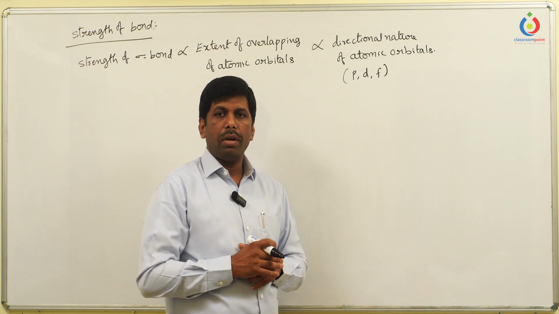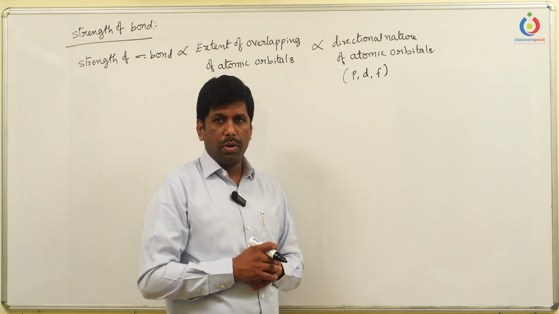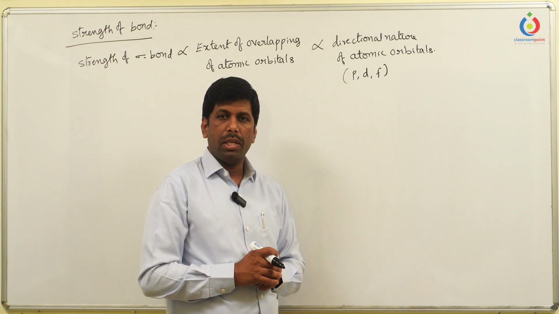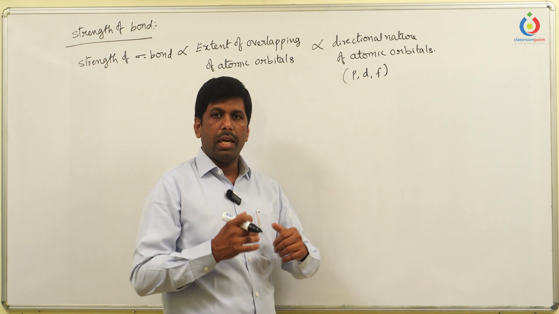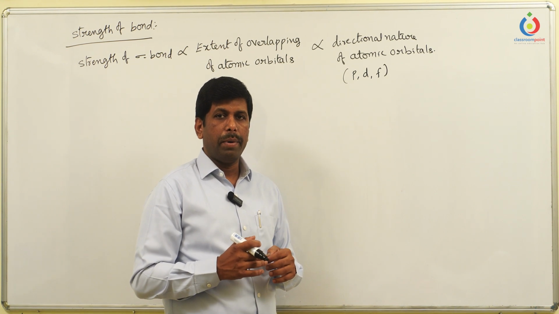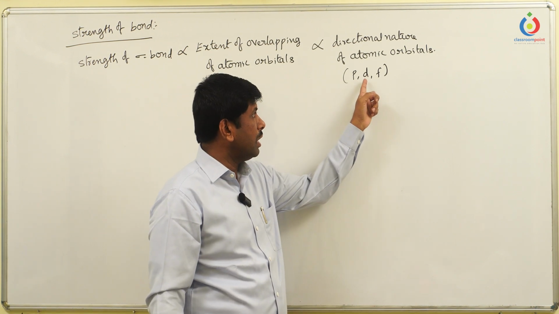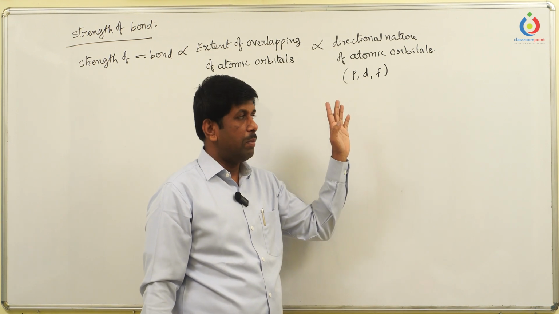That's why the overlapping does not give a strong bond. That is the reason why when P orbital overlaps in any sigma bond formation, it gives a strong sigma bond in comparison to the bond formation resulting from the overlapping of either D orbitals or F orbitals.